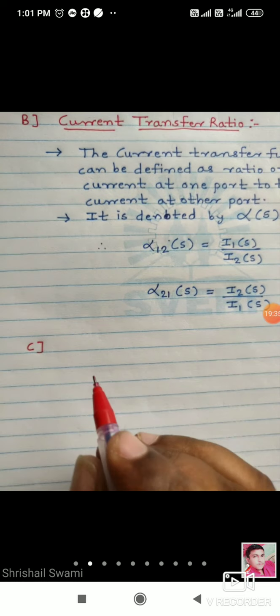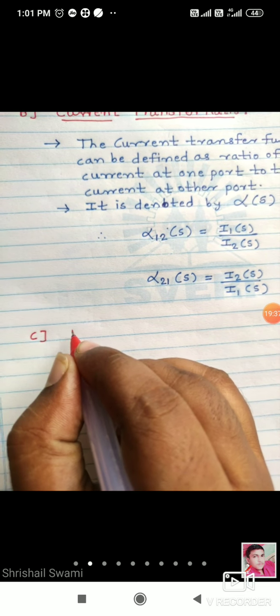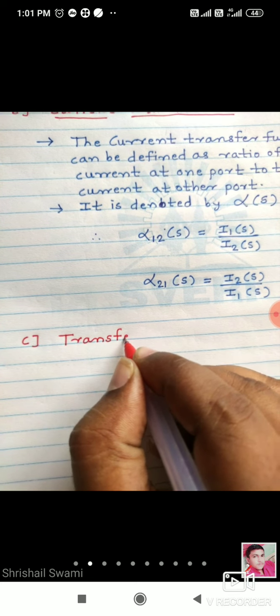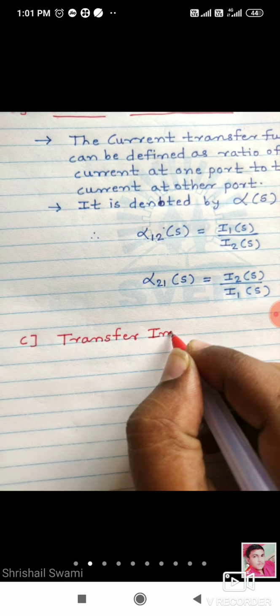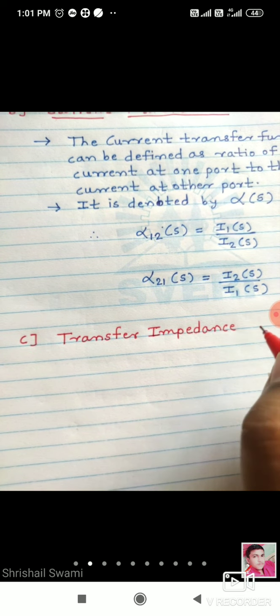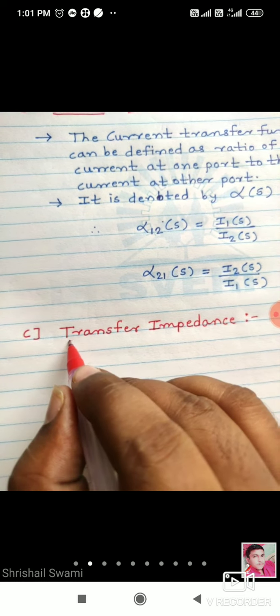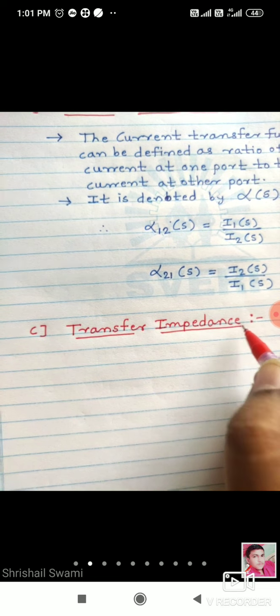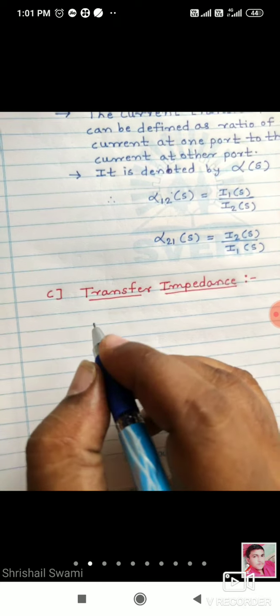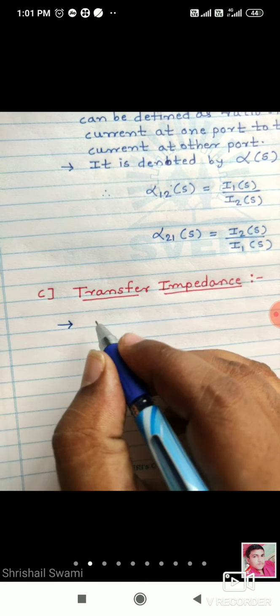Continue now. So C part will be transfer impedance functions. Again, we will write combinedly the definition.